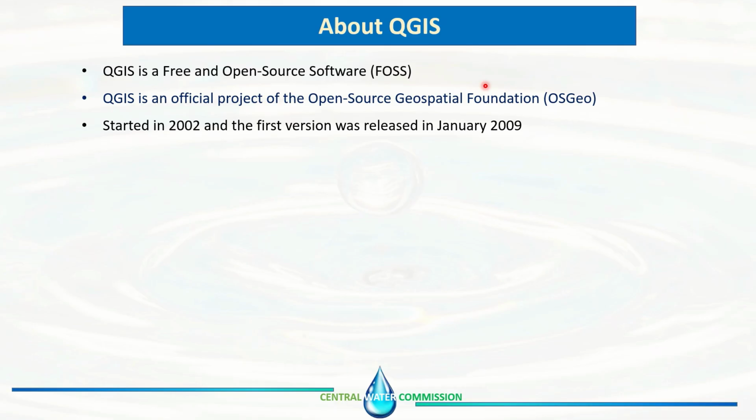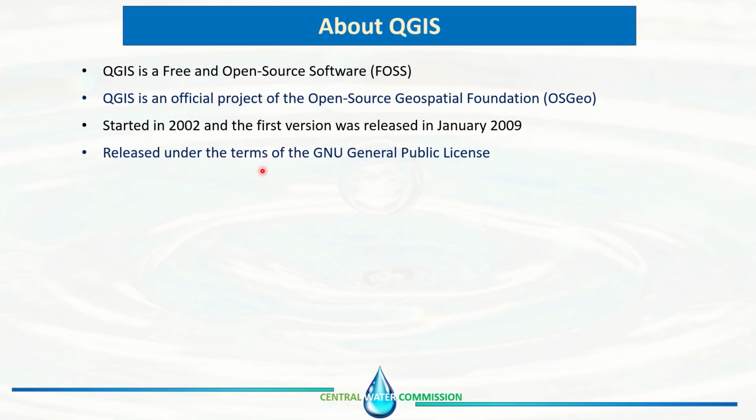The first stable version was released in January 2009, and if you go to the QGIS portal, you will find the latest version is, I think, 3.40, and every month you will have a newer version of the software being released. It is constantly under development, under continuous improvement.